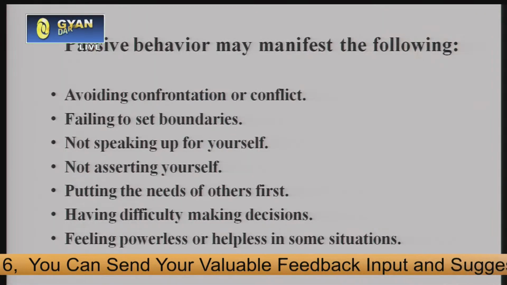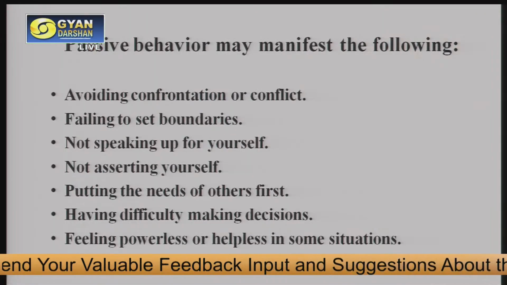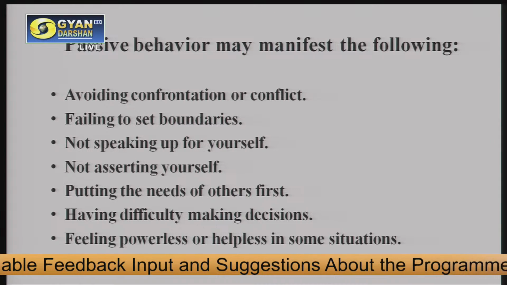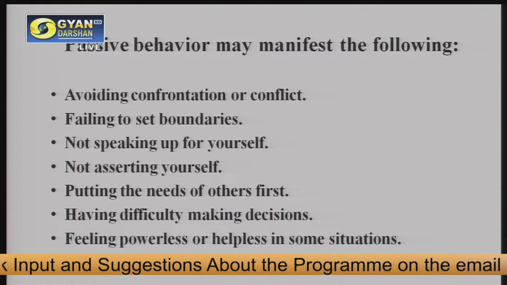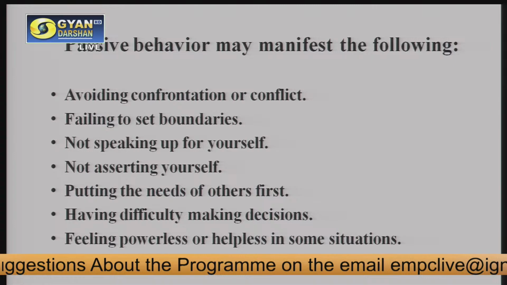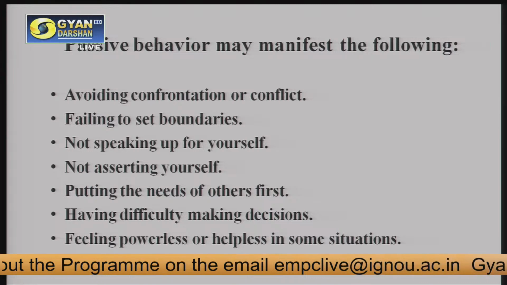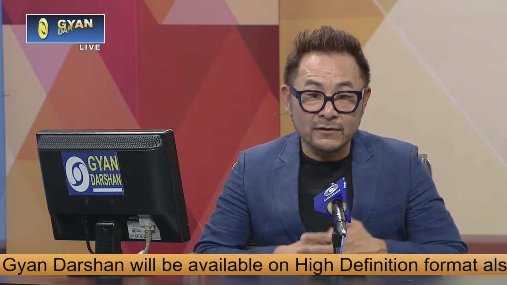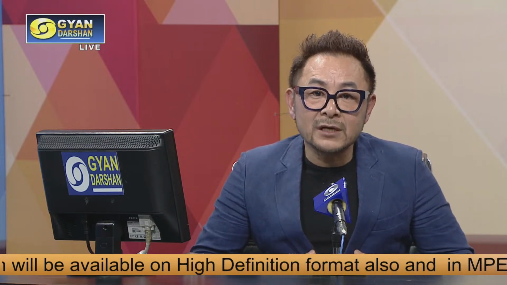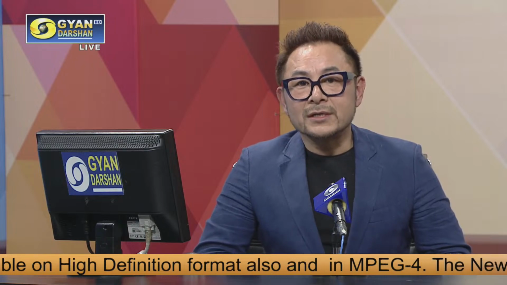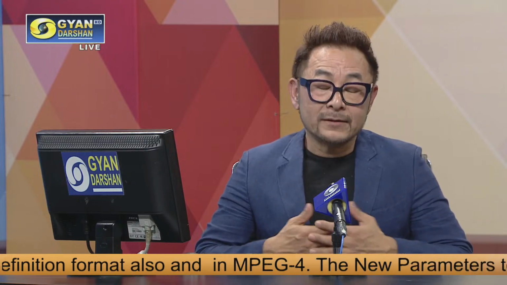Then there is putting the needs of others first, having difficulty making decisions, and feeling powerless or helpless in some situations. Having difficulty making decisions is also because they don't have enough confidence. They have self-doubt, and because of which they are unable to take any decision.